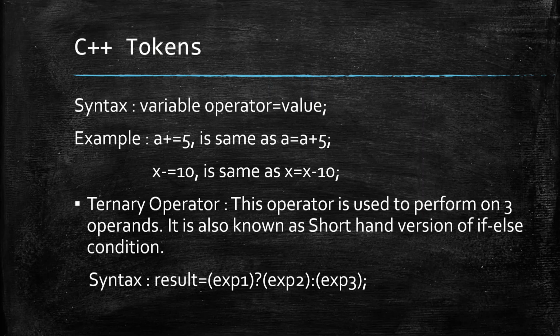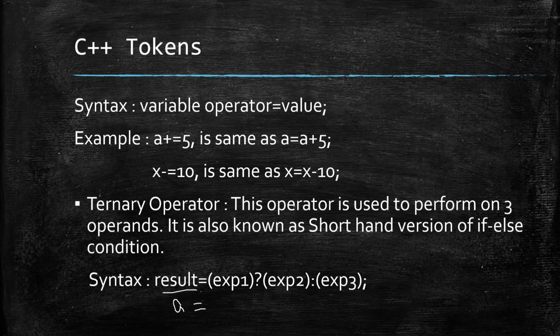The syntax is: result is equal to expression 1 in parenthesis brackets, question mark, without space, expression 2 in parenthesis brackets, colon, expression 3, and semicolon. Let me show you. Suppose I am taking A. It's a tiny example.